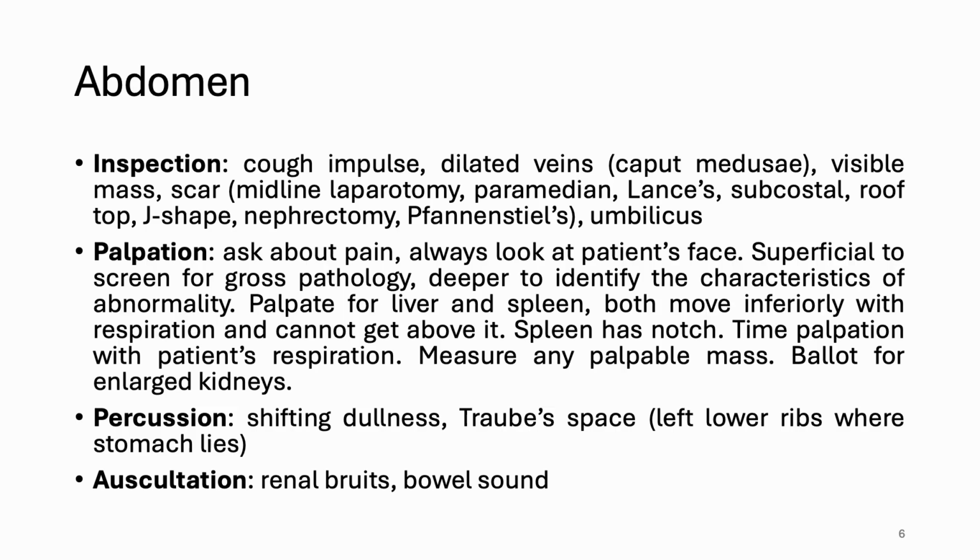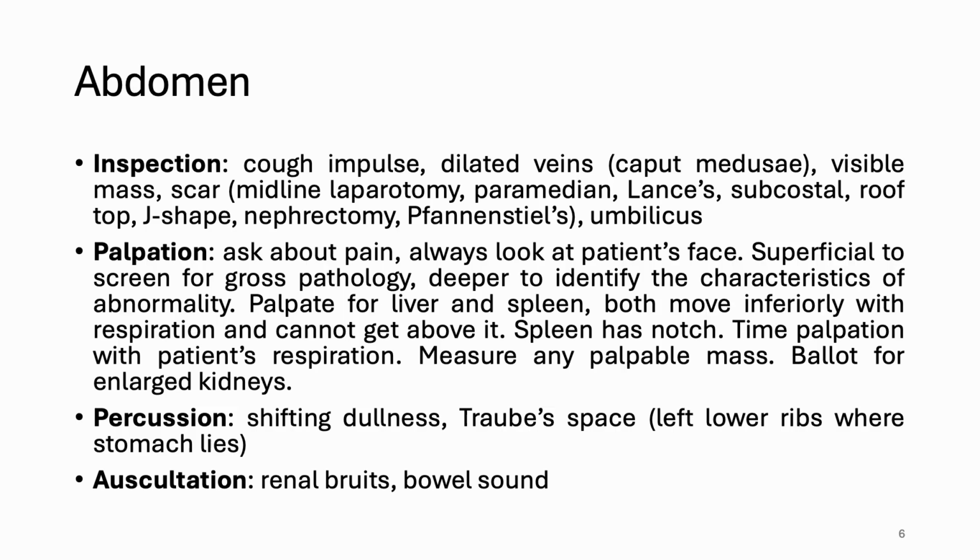Next, you move on to palpation. Always ask about pain before you start, and look at the patient's face when you are palpating. On superficial palpation, you should screen for gross pathology. On deeper palpation, it is to identify the characteristics of the abnormality. You palpate for hepatomegaly and splenomegaly.